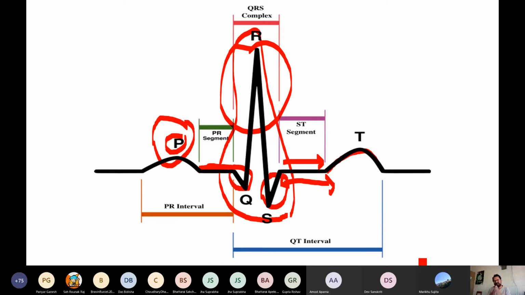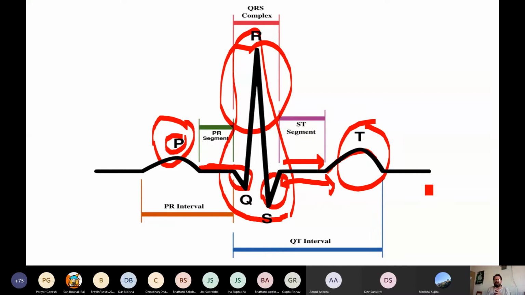So while contracting, the heart needs to get depolarized, and to get depolarized again, it needs to repolarize back, to get ready for acceptance of the charge. So this is what T signifies. Okay, without T, the initiation of another round of PQRST will not be there. Okay, it is not possible.